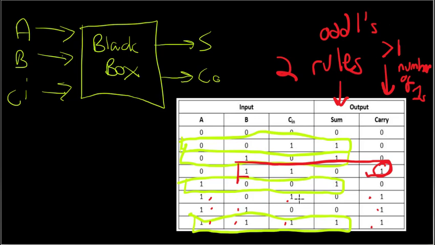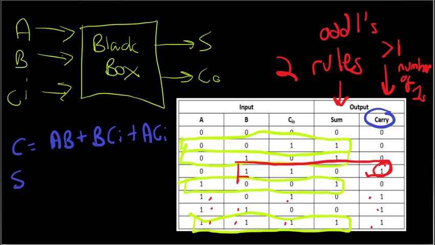And if I was going to use a K-map to turn this into an expression, what you would find out would be the following. When we have our carry out, i.e. our carry here, it is using the following. We have A and B, or B and C in, or A and C in.